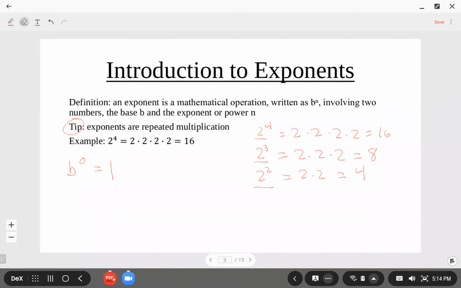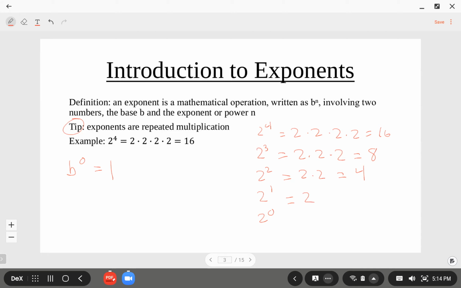Okay, now let me get on with the topic. Why does b to the 0th equal 1? Let's keep going actually. 2 to the first power is actually just the base itself, because there's only one 2. Now you see 4 divided by 2 equals 2. Each time you go down by 1, you divide by 2, right?